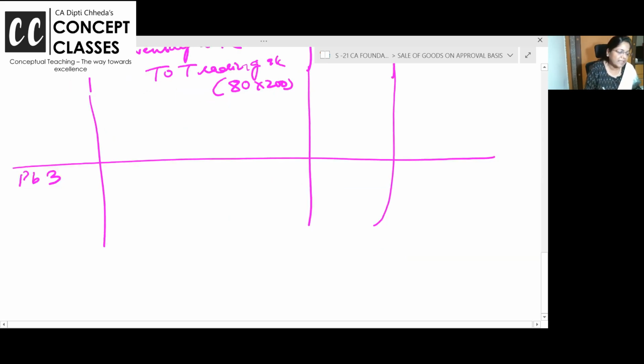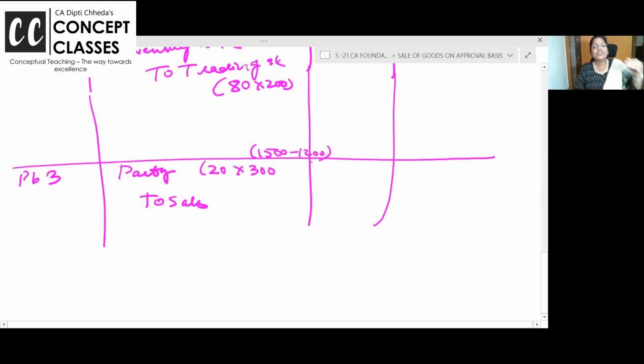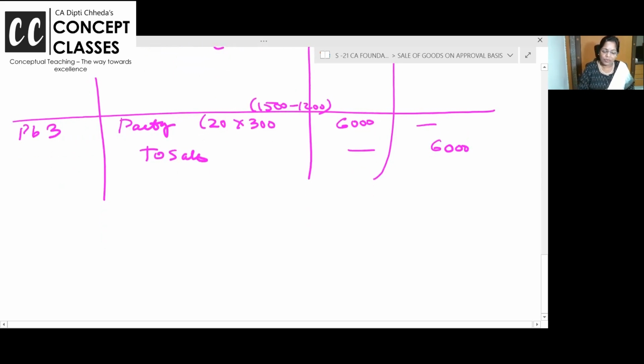100 containers are sent. Out of that, at the year ending, they have accepted 20 containers, but that too at 1500. So, party to sales: 20 are accepted, 300 extra. We have sold them at 1200, but they have accepted at 1500. So first of all, 6,000. Is this clear to all of you? Party to sales additional.